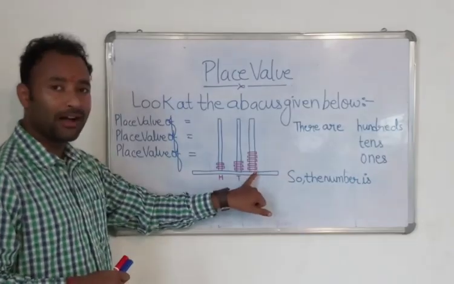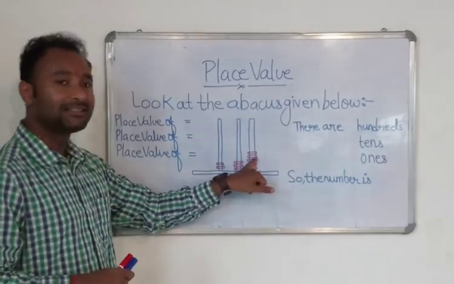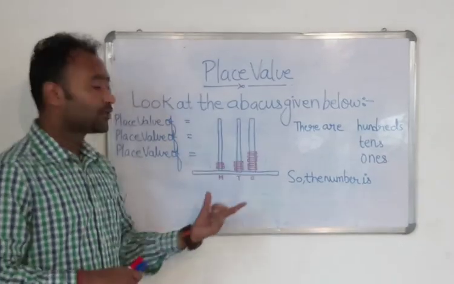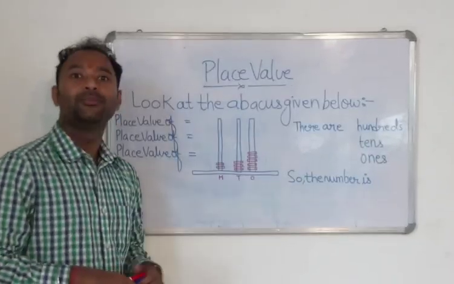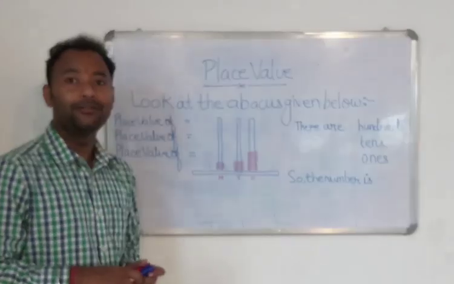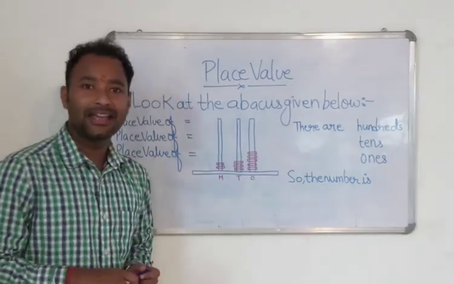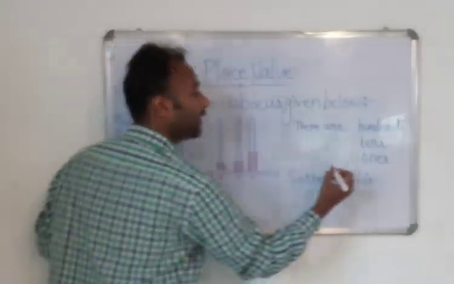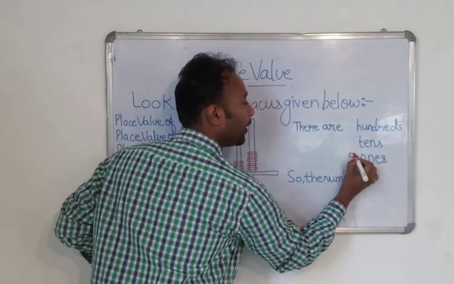This is 1, 2, 3, 4 and 5. There are 5 beads, or you can say there are 5 ones. So you will write here 5 ones.